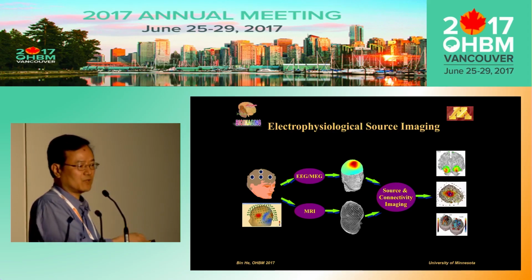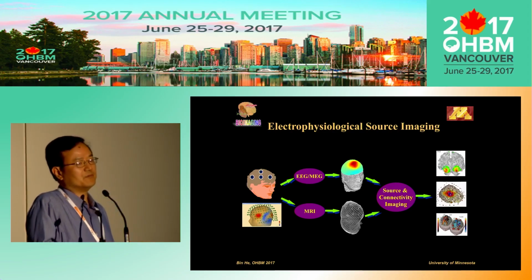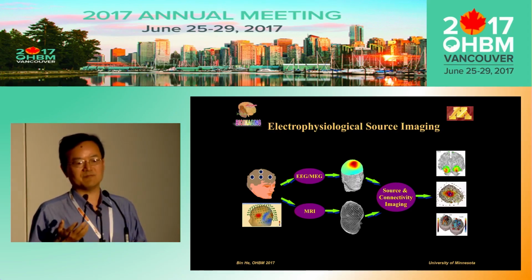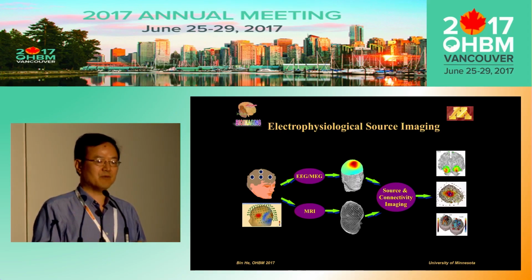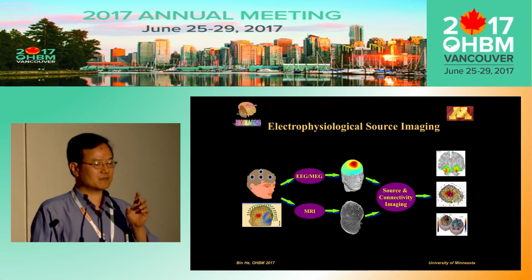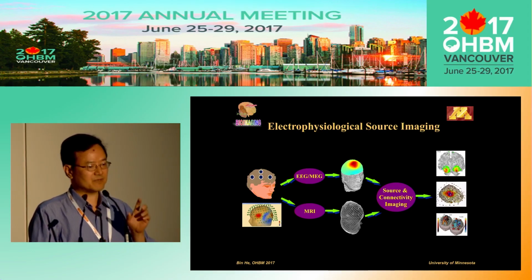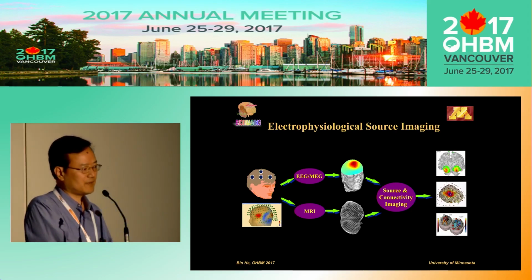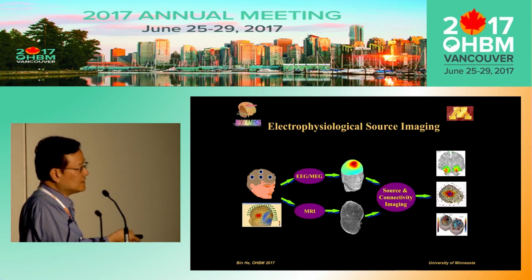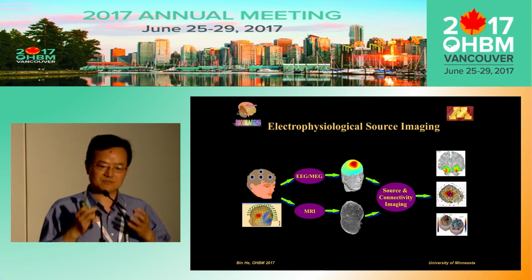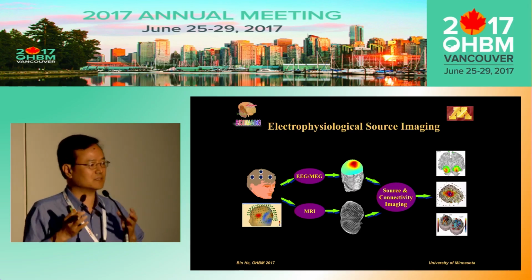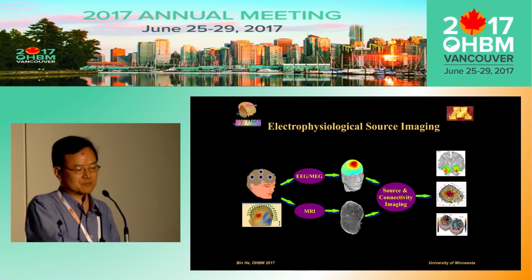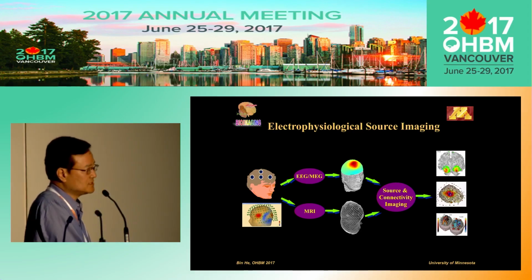At the same time, I do want to mention that even though our community believes, myself included, that EEG and MEG really provide functional information, the good spatial resolution we are enjoying today, to a large degree, is because of the great success of MR technology, because T1-weighted MRI does provide very detailed anatomical information, which serves as what is called an anatomical prior in most inverse source solutions, which allows us to derive good spatial resolution from EEG or MEG.